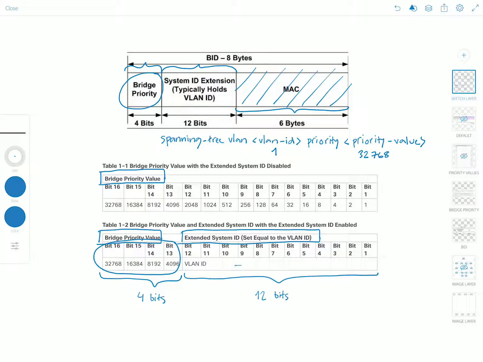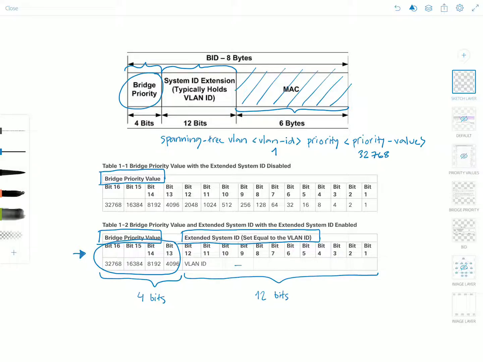So since we can only manipulate these 4 bits, let's think about what values are possible given this information. So how many different unique ways can we arrange these bits? So let's think about the lowest value and the highest value first, because they are the most obvious. So the lowest value is all zeros and the highest value is all ones.